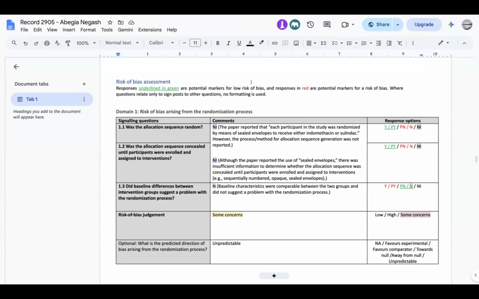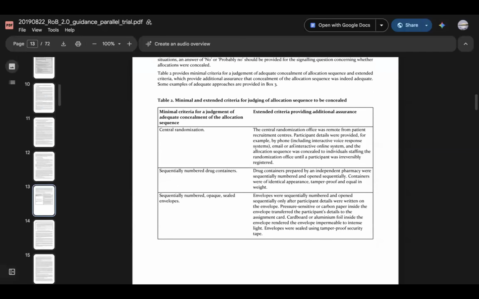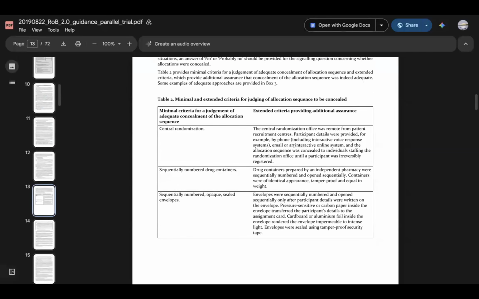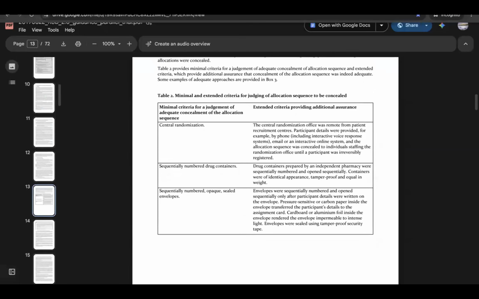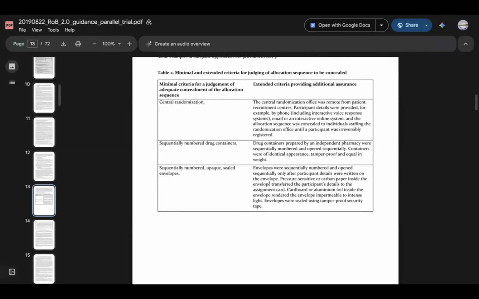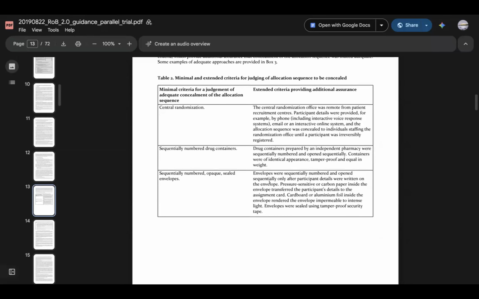Yeah, so if everybody goes to the other document that I wanted you to have up, go to page 13.